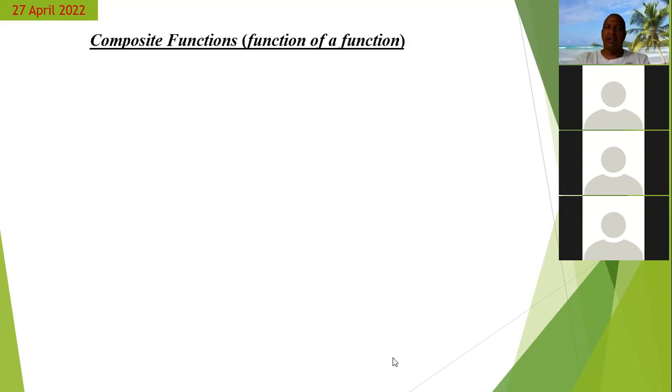All right. Now we're moving on, and we're going to be looking at what we call a composite function, which is a function of a function. Is anybody familiar with a function of a function? Raise your hand if you have done this before.